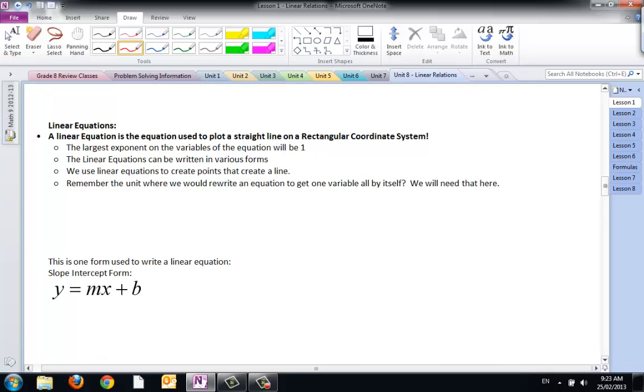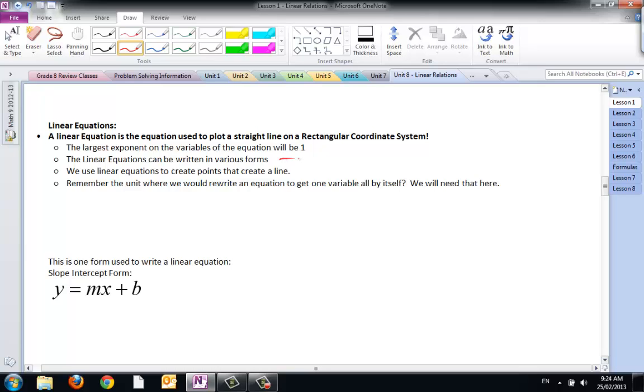All right, linear equations. So linear equations are the equations used to plot a line, and linear refers to the fact that the exponents on the variables will be 1. Nothing will be greater than 1 as far as the exponents go. There's lots of different forms that we can write linear equations in.